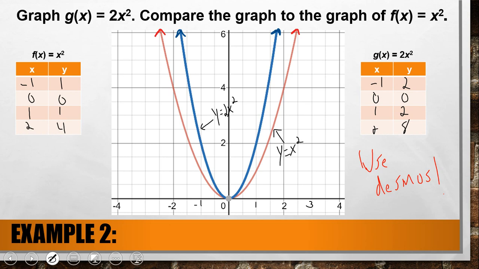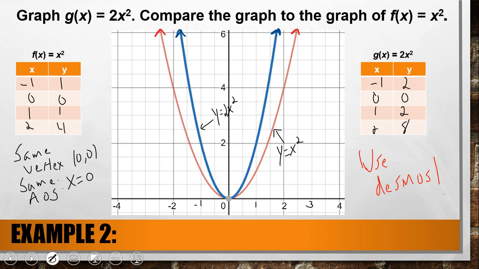So what's different about these graphs and what's the same? We know they have the same vertex at 0, 0. We know they have the same axis of symmetry at x equals 0.